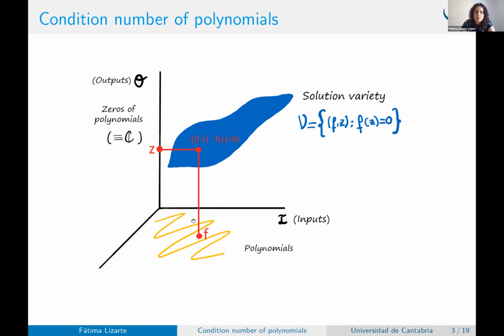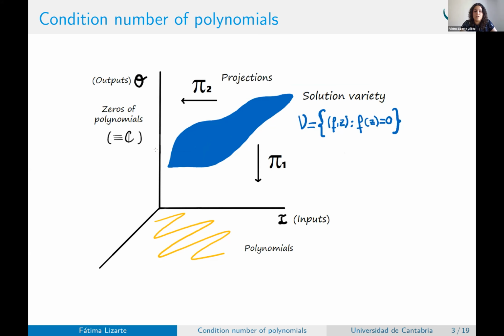Now we want to observe, in this direction, how the root z changes under a small perturbation of the coefficients of the polynomial f. If the root z suffers a small perturbation, then the polynomial f is well conditioned in the root z. Otherwise, it is ill conditioned.